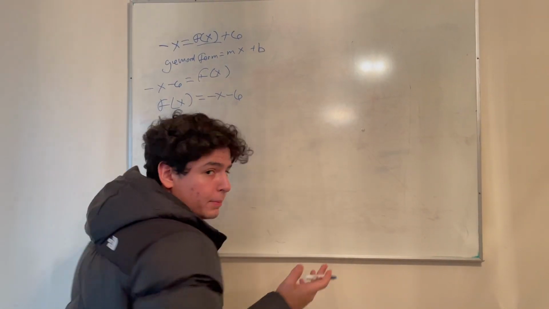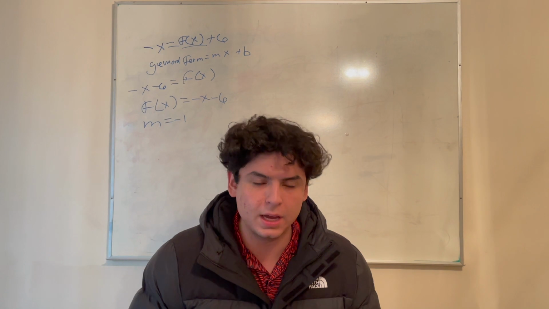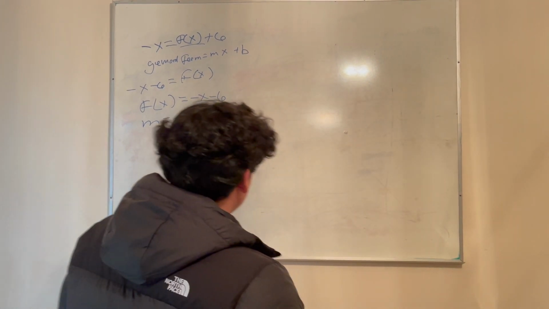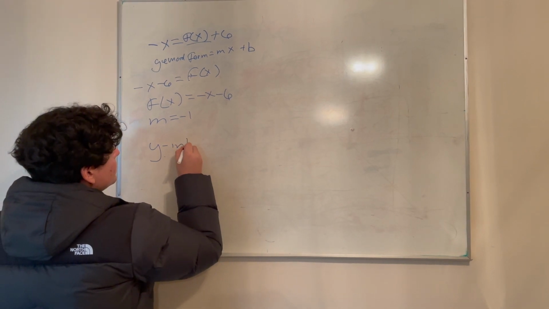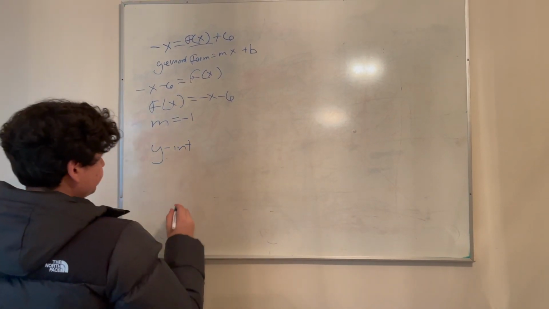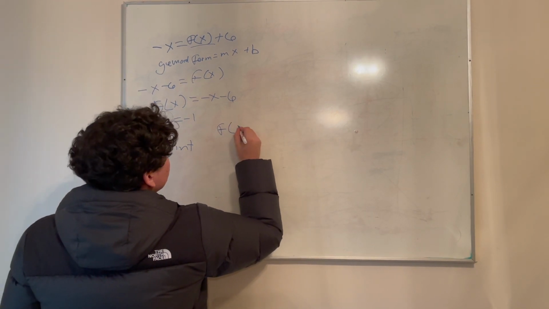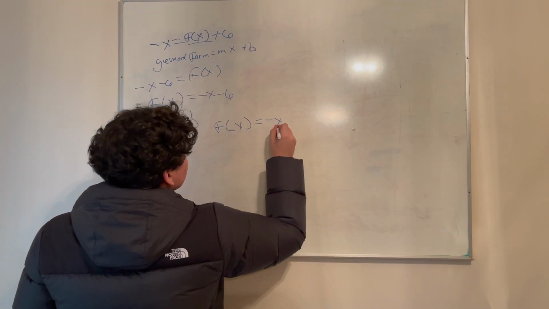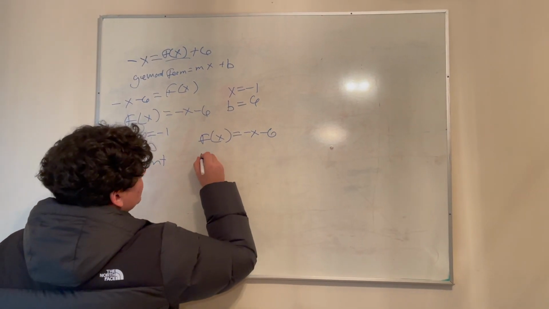Now that we have our slope, we can find our y-intercept. How can we find our y-intercept, you may be asking? By substituting our, here let me write again our equation. Now we just need to solve.